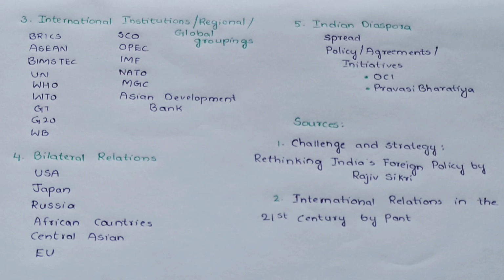So in this way there are a few global or regional groupings that help us to understand the relations between all the countries, like how each and every country is cooperating with one another, who are the members that have joined here, when the foundation was laid for these groupings, where the headquarters is located, what is the main agenda, like what is the main theme for forming these groupings, who are the member countries, and when the summit will be held.